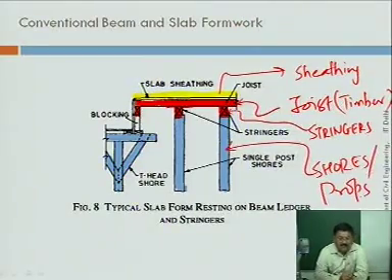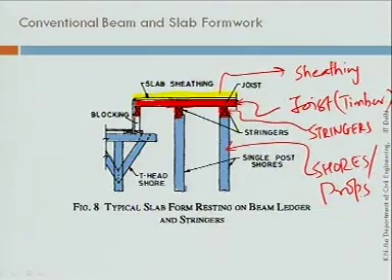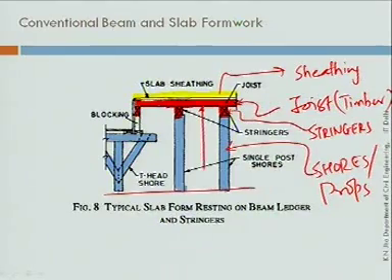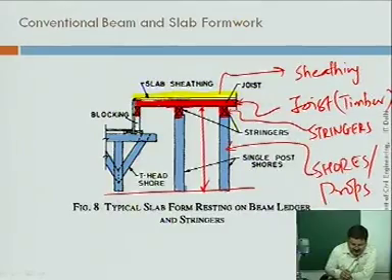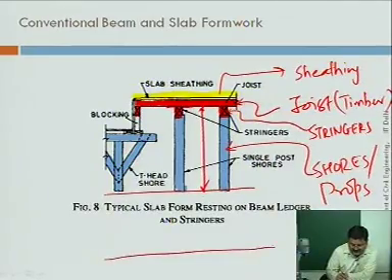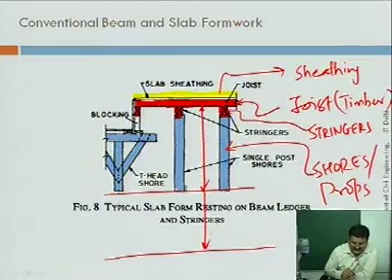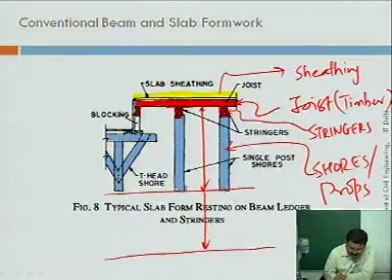Okay. Now sometimes when the height of floor is more, suppose right now the height is this one, floor to floor height. Suppose in case this height is more, suppose the height is something like this. In such cases you may have to join two shores, something like this.